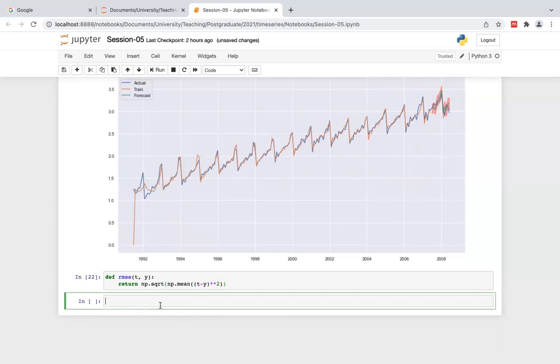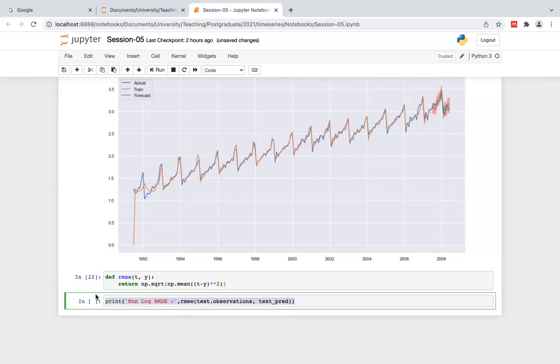Right. Then I'm going to print the non-log root mean squared error. RMSE, I pass test observations and test prediction, right?